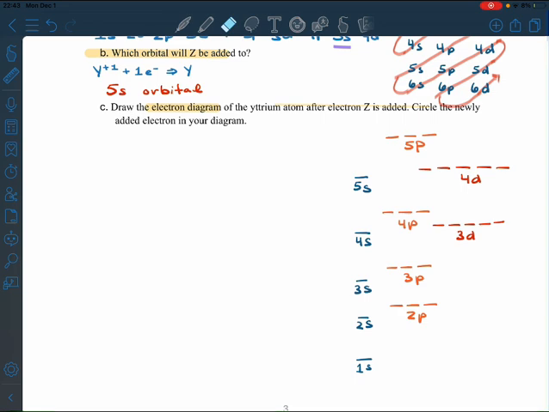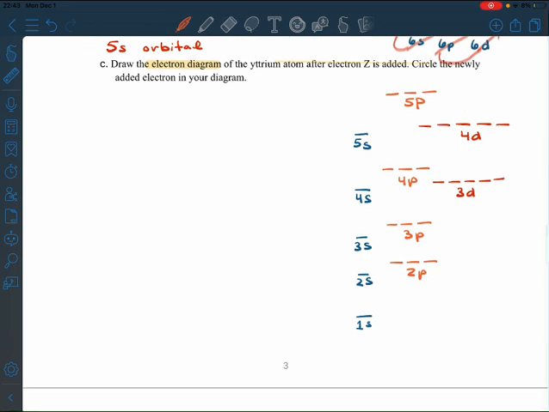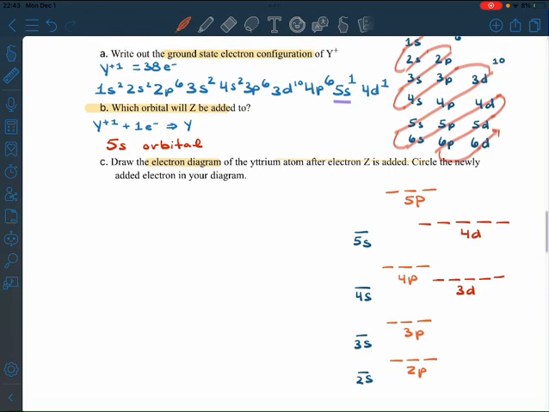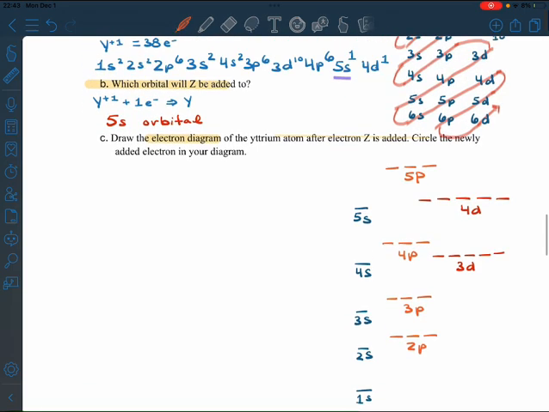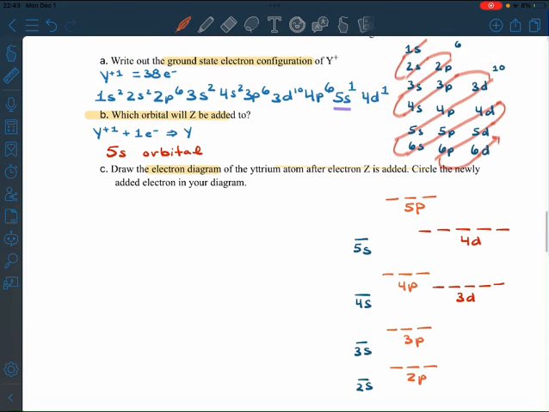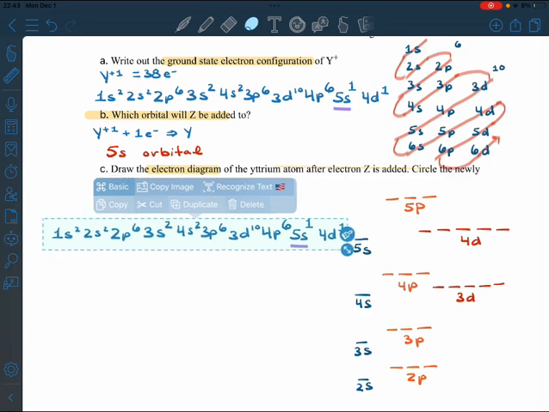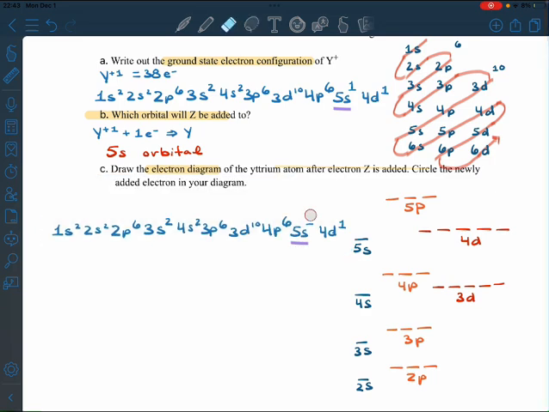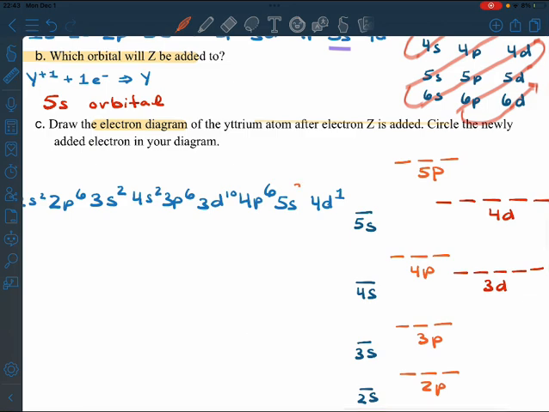So now the next step is to draw the electron diagram of the yttrium atom after electron Z is added. So it's going to be after. So it's actually going to be, let me copy and paste this. So it's actually going to be something like this.